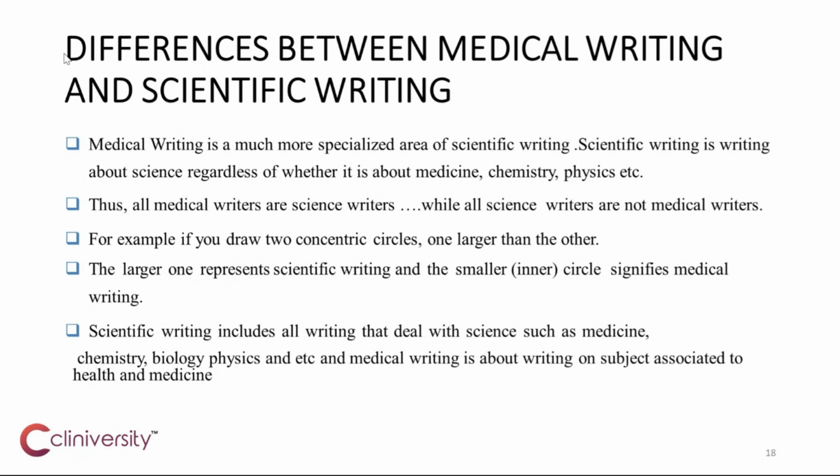They are dealing with the other branches also. So only some science writers are medical writers, not all. If you draw two concentric circles, one larger than the other, the larger one represents scientific writing, which includes all the branches of science, and the smaller inner circle is medical writing, which deals with medicine and healthcare.